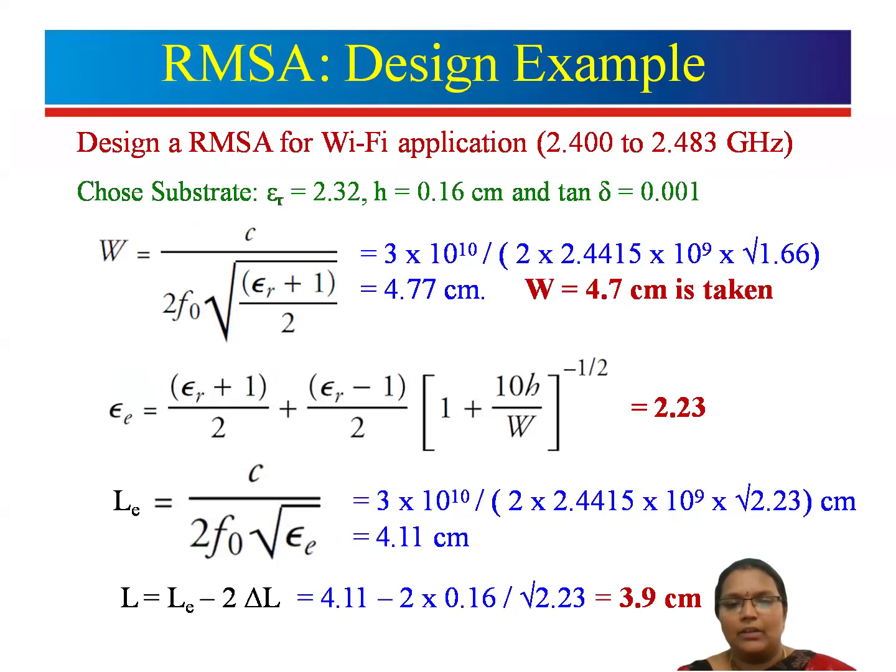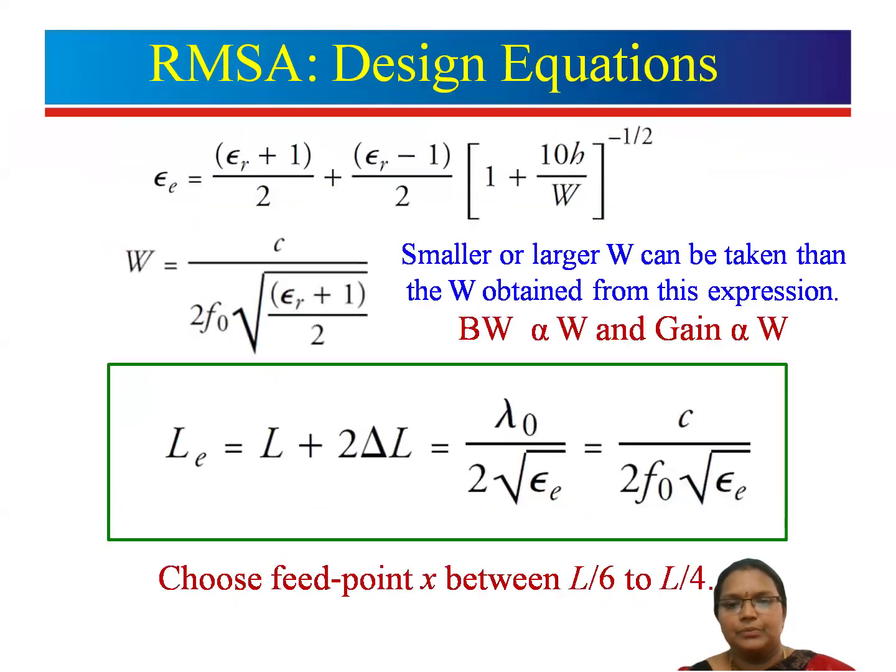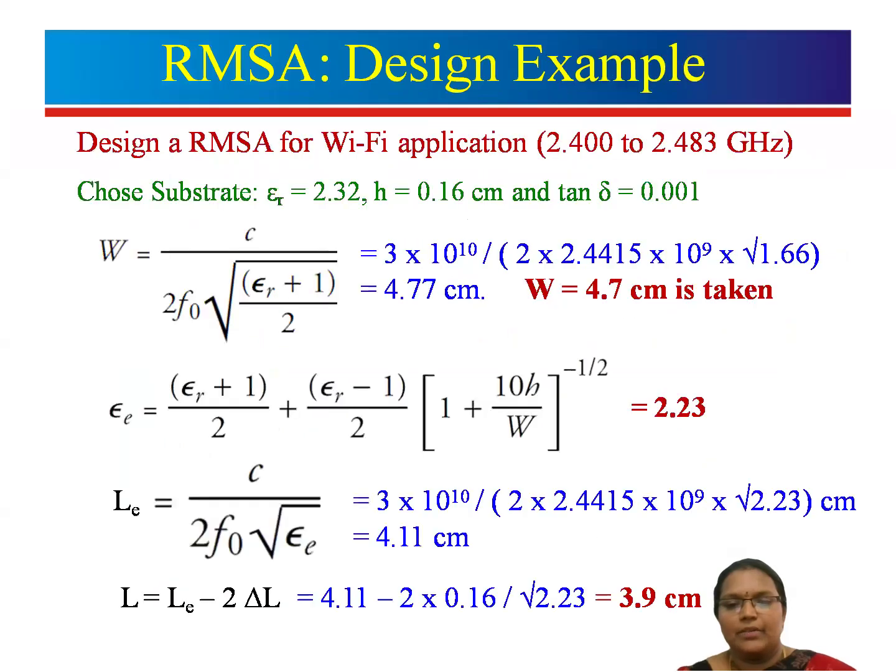Coming to the normal L value, which is obtained by the equation L equal to Le minus 2 delta L. Delta L is also found by using the previously explained equations. From these equations, we can find the L value: Le minus 2 delta L, that is 4.11 minus 2 into 0.6 by root 2.23, which will give you 3.9 centimeters.